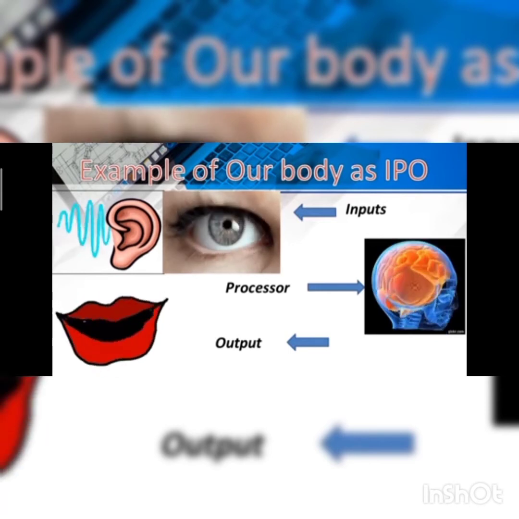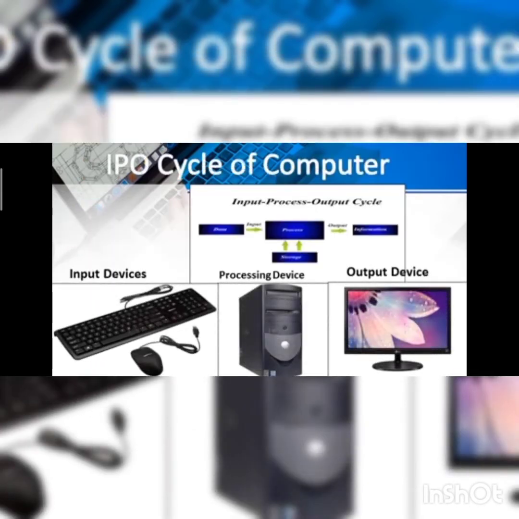In the same way, a computer works on IPO: input, process and output. Let us see one by one. Input: the data and instructions that we enter in our computer are called inputs. We input data using keyboard and mouse. Processing: working on the data is called processing.